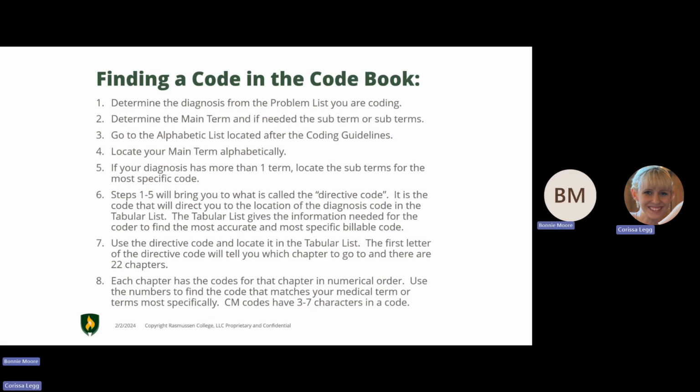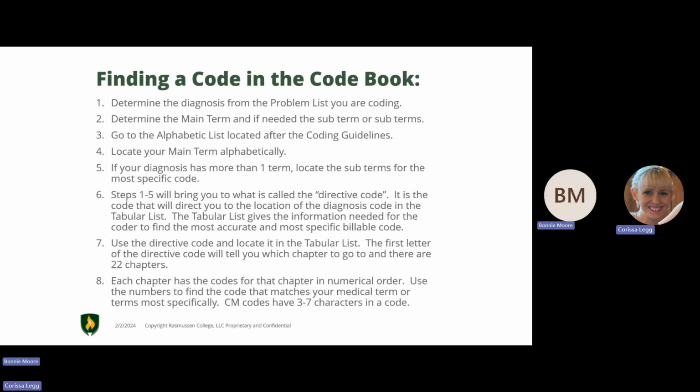Okay, so let's start looking at finding a code in the code book. These are the steps we're talking about here. We're going to walk through each of the problem list diagnoses that you're going to be coding. I'm going to walk you through determining the main term and then a subterm if needed.